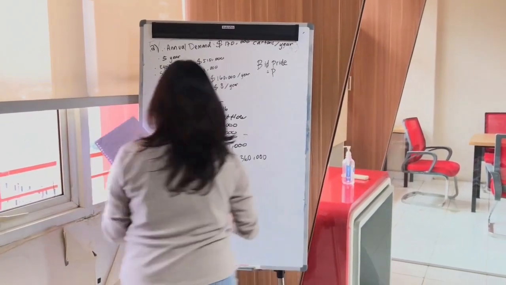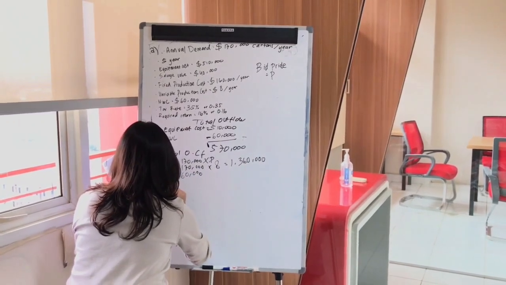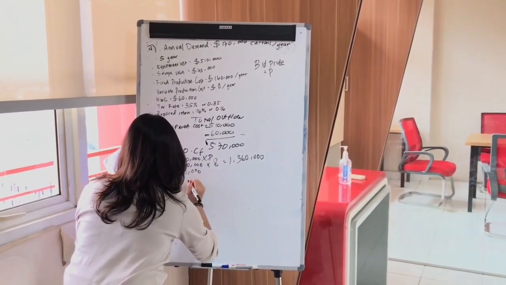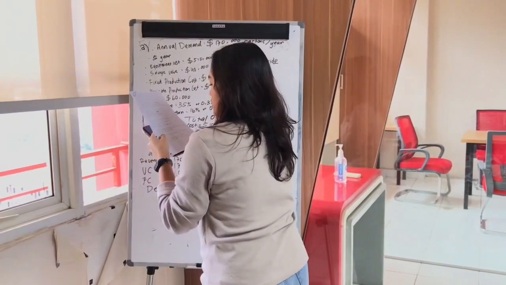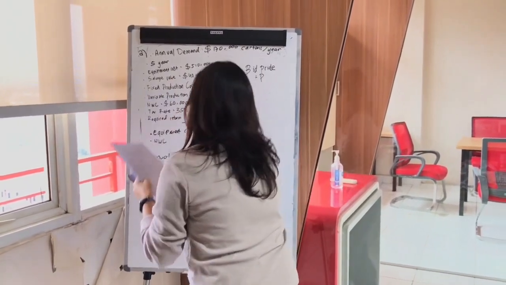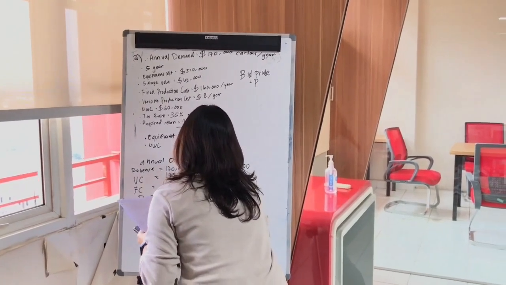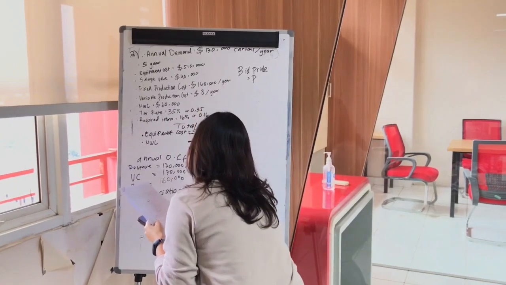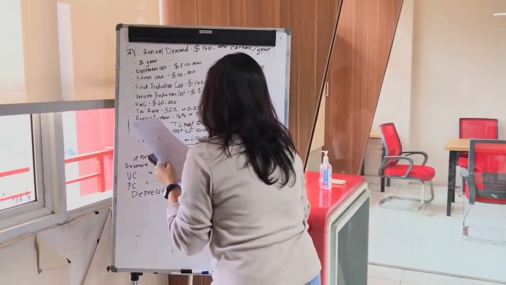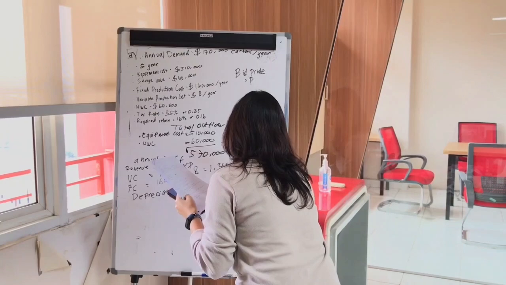Then we have the depreciation, which we calculate as 510 divided by 5 years, thus we get $102.